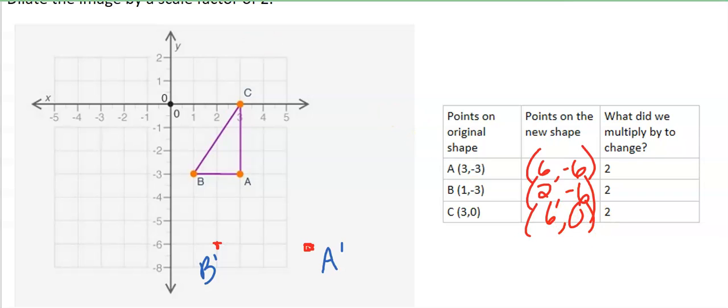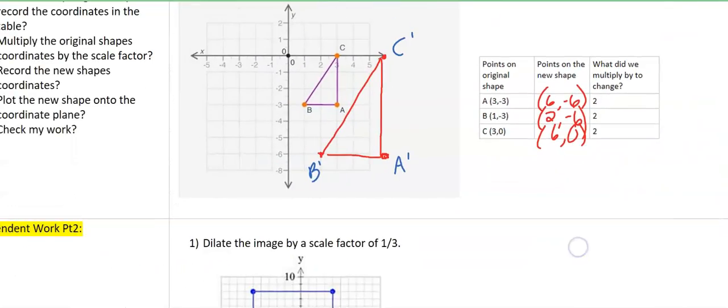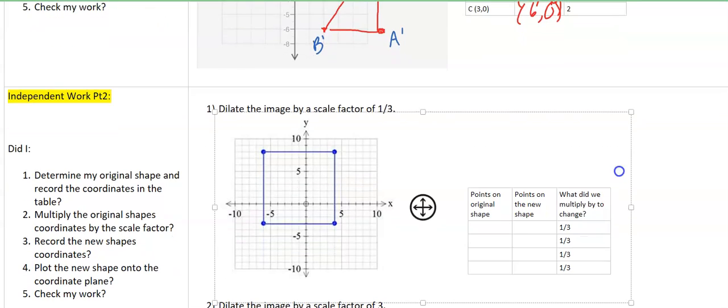So my next point would be at 6, 0. Which would be approximately here. And again, this is C prime. So now I'm going to go ahead and connect my 3 points, and there is my enlargement. And then there's the second part of independent work, drawing the dilated shape.